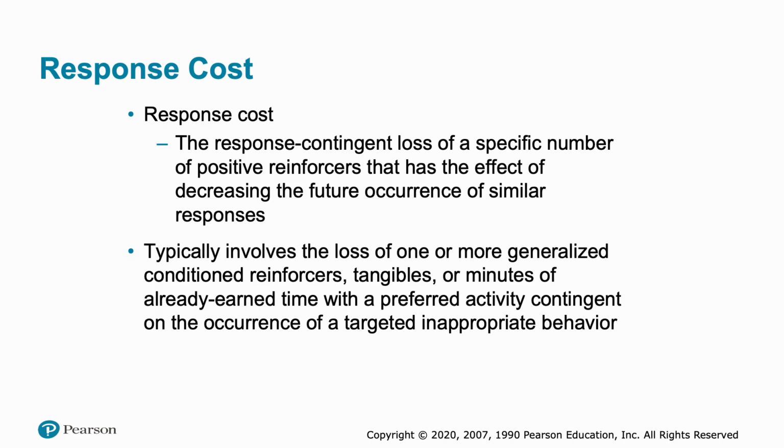It could be an amount of time that they're allowed to engage with a particular activity. So basically all it is, is that contingent on them engaging in problem behavior, they lose a specific number of those generalized conditioned reinforcers. On the next few slides, I have some examples of what this looks like and the classification between the two types of response cost procedures that we have within behavior analysis.